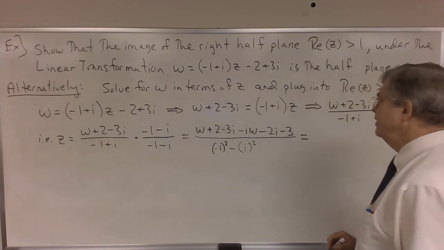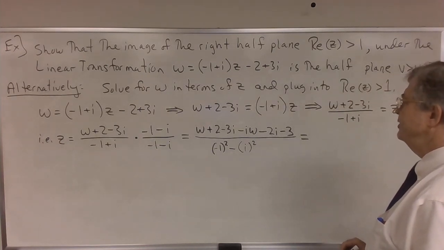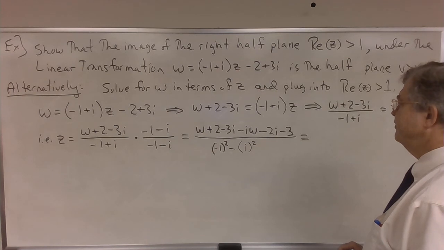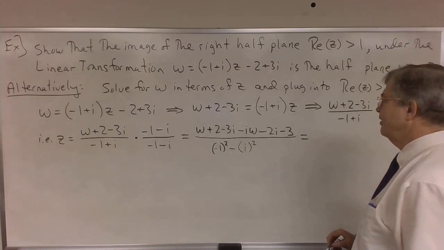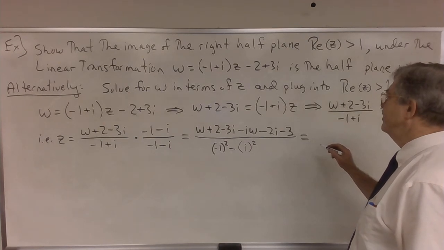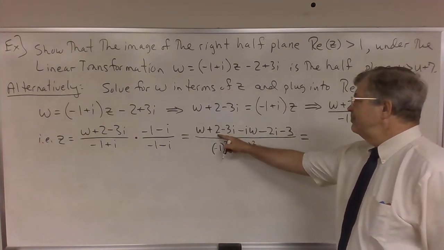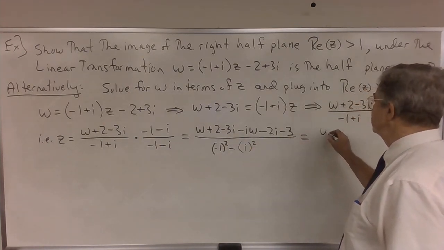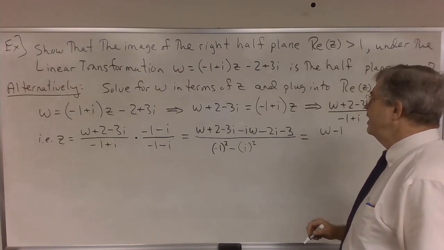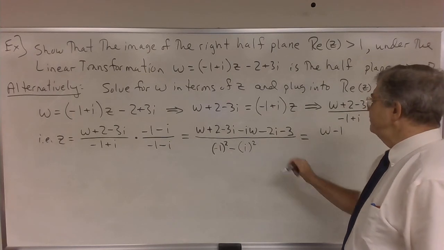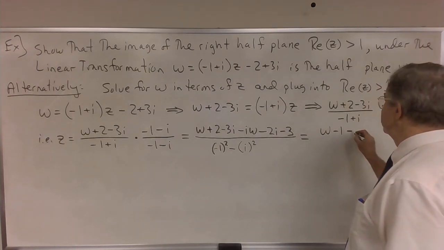Okay. Can we tidy things up a little bit? Negative 3 plus 2 is negative 1. And negative 3i minus 2i is negative 5i.